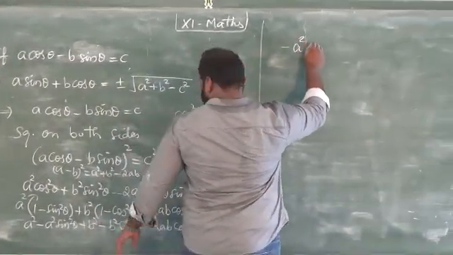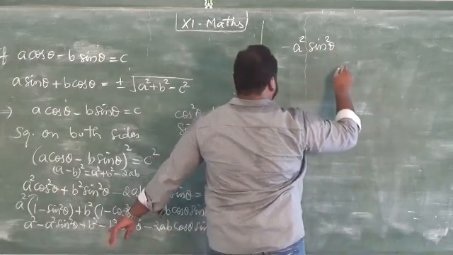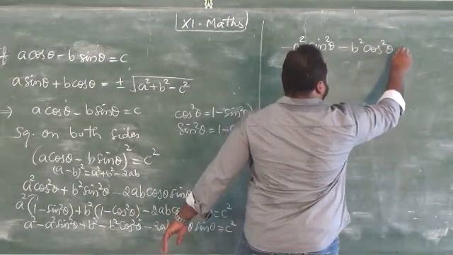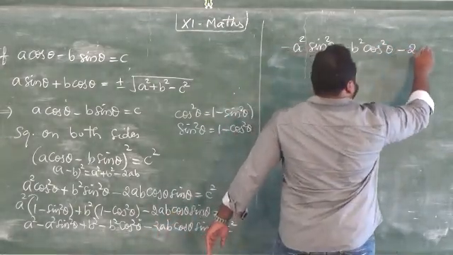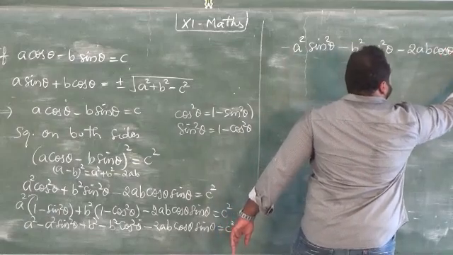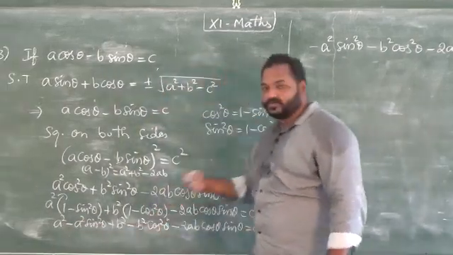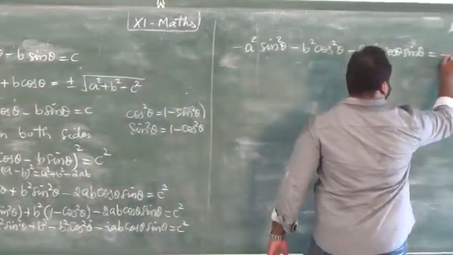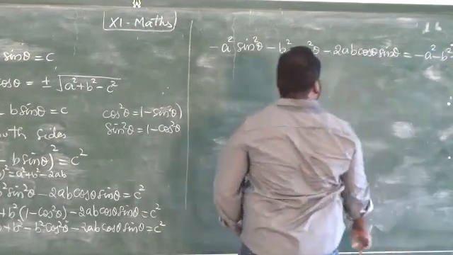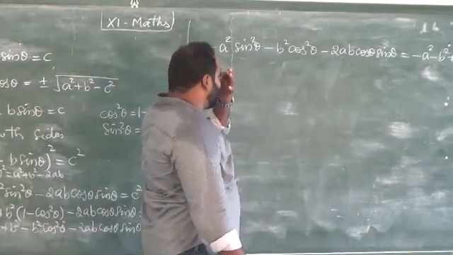Minus A square sin square theta, as usual minus B square cos square theta, minus 2AB cos theta sin theta equal to, if I carry this A square and B square to this side, it will be minus A square minus B square plus C square. Already C square is on the right hand side, so I just keep it as it is.